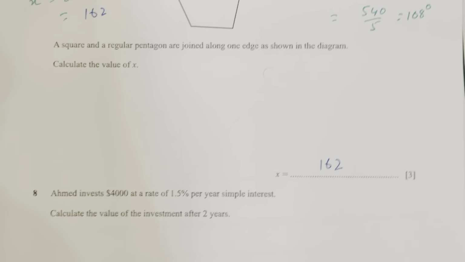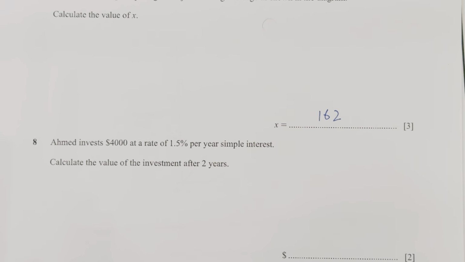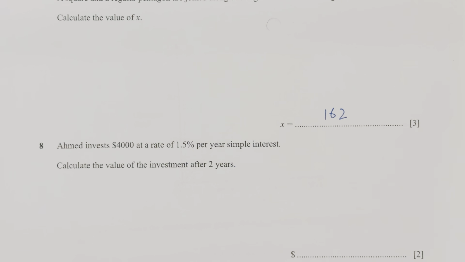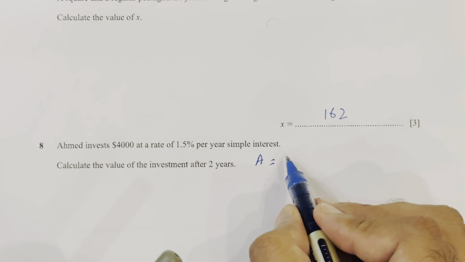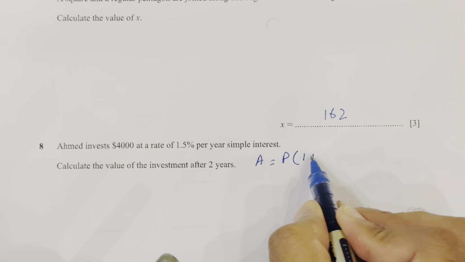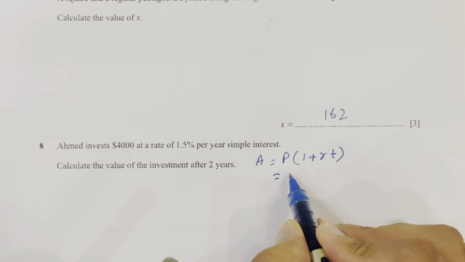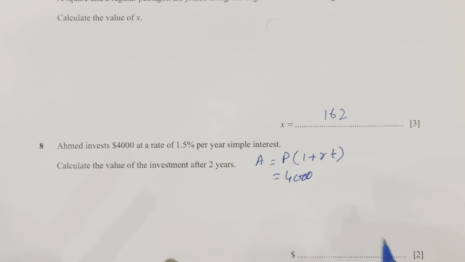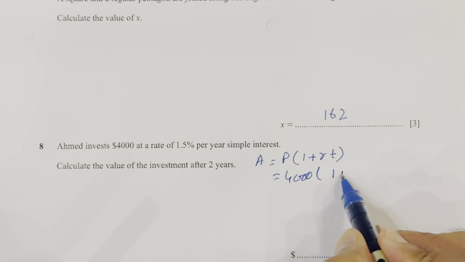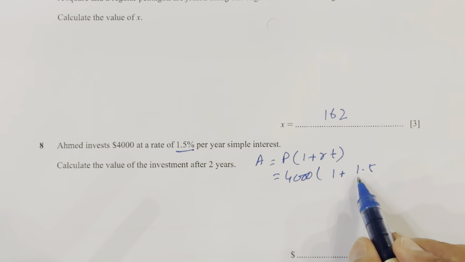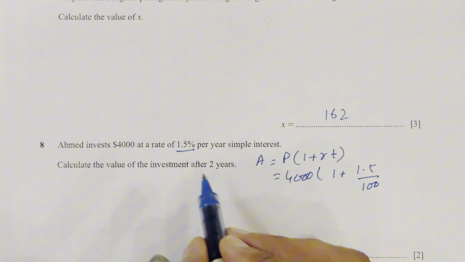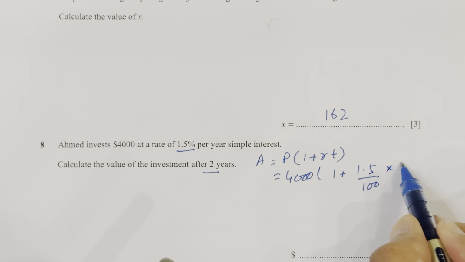Ahmed invests 4,000 at a rate of 1.5% per year, simple interest. Calculate the investment after 2 years. So we know the formula is A is equal to P times 1 plus RT. The principal amount is 4,000, 1 plus R, whose value is 1.5, that is given, divided by 100, and time is 2 years, so we're going to multiply it by 2.